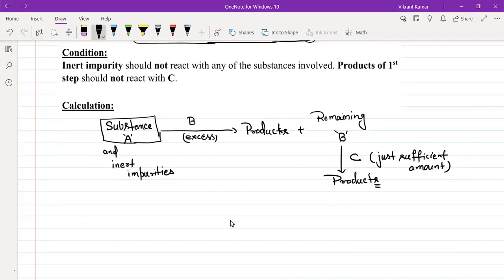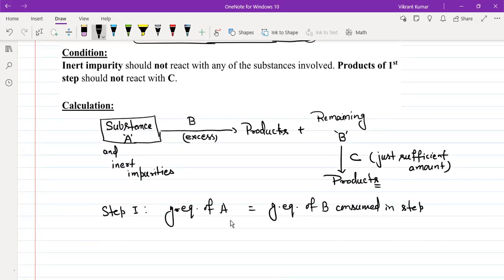So can we say, in step 1, whatever gram equivalents of A there were will be equal to gram equivalents of B consumed in step 1, and in step 2, because we have taken just sufficiency, whatever gram equivalents of C has been mentioned there will be equal to gram equivalents of B consumed in step 2.